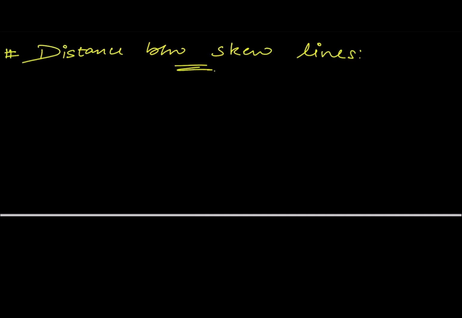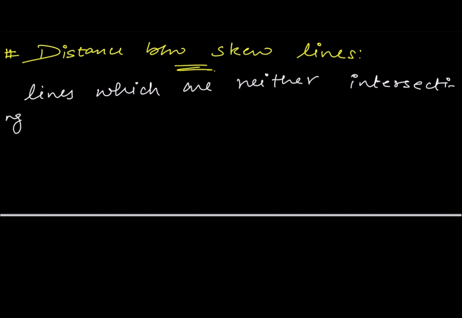What are skew lines? Lines which are neither intersecting nor parallel are called skew lines. So in this, we can write the definition of skew lines. Lines which are neither intersecting nor parallel are called skew lines.